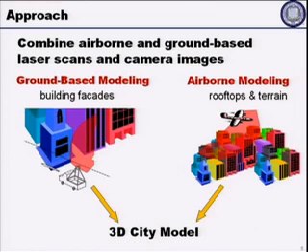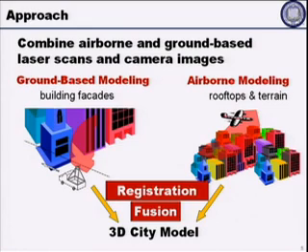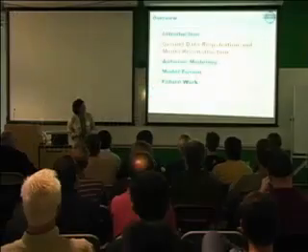And then we do what's called airborne modeling, where we have helicopters as well as airplanes collecting laser data as well as imagery from the top in order to build a 3D model of the rooftops. And we merge those two things to come up with a 3D city model. So a big chunk of our effort has to do with registering the different sources of data and fusing them together so they all line up. You get something nice and good.